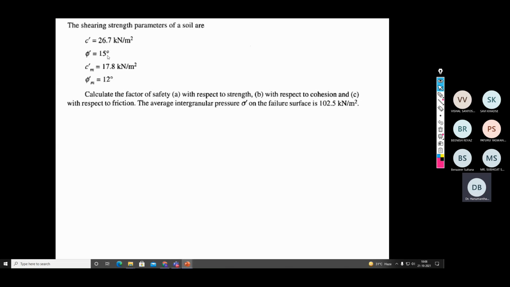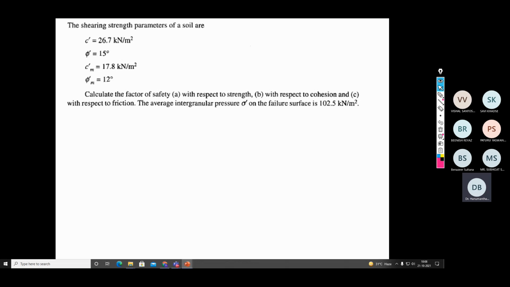That means the incipient condition of failure has commenced when the shear strength parameters have reached 17.8 and 12 degrees respectively.